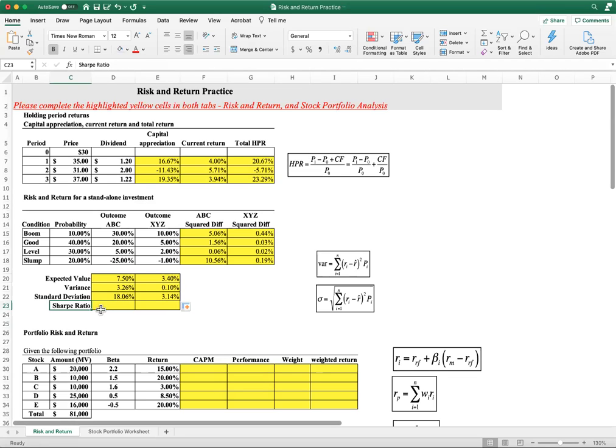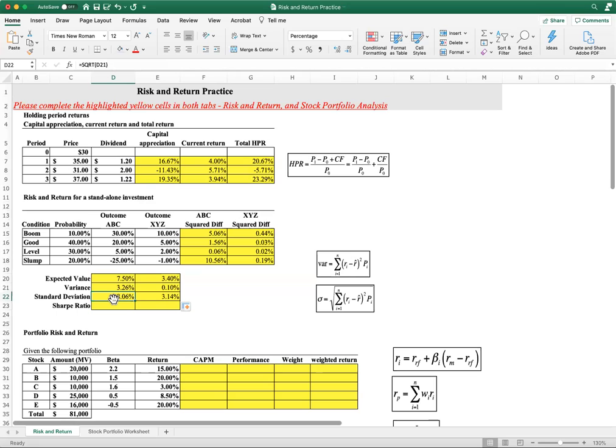So Sharpe ratio is what? It's your expected return over your expected risk, right? So you're measuring the ratio between the return and risk. And of course, in the slides and textbook, you will see that it's the return minus the risk-free rate, right? Of course, but here we are comparing the two.